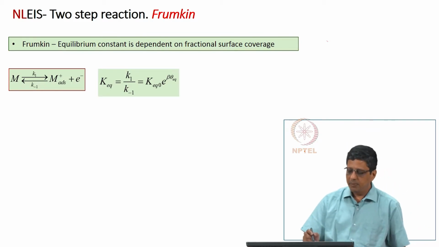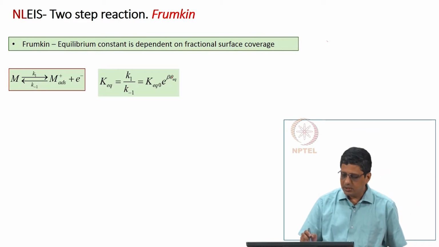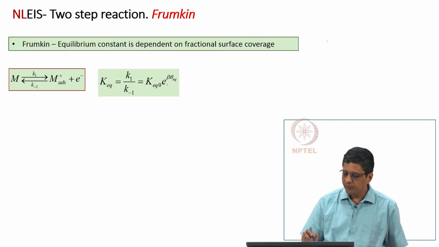And the dependence on theta, the fractional surface coverage at equilibrium, is given by this expression: K equilibrium equals K equilibrium 0 times exponential of beta theta.